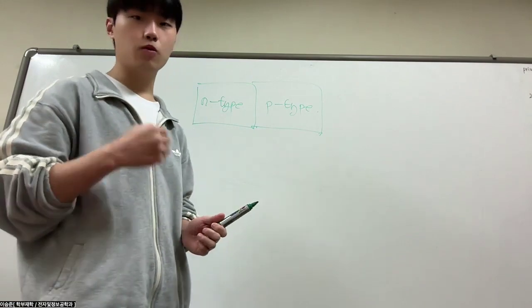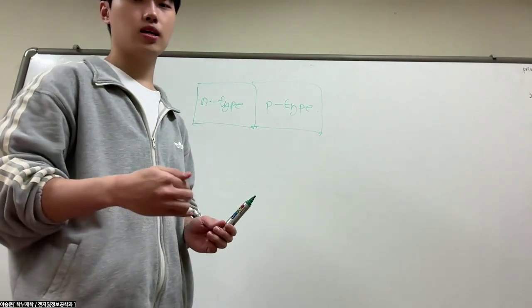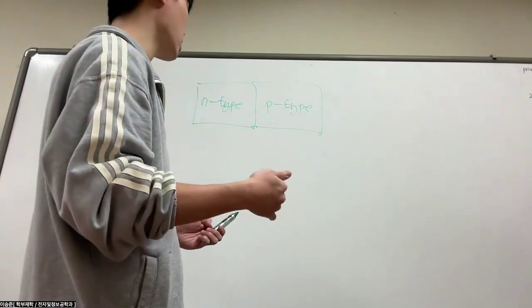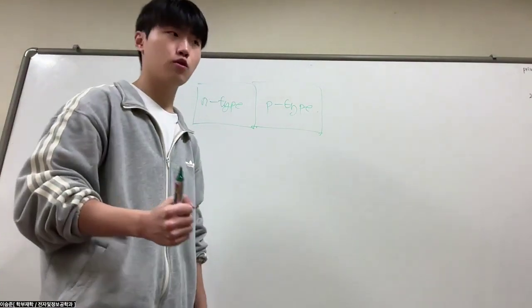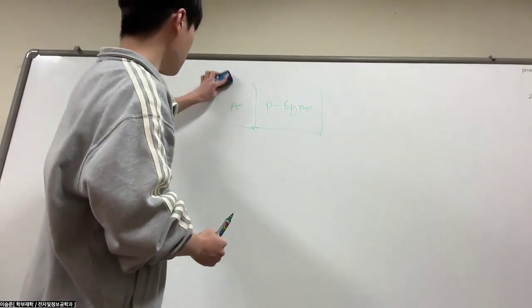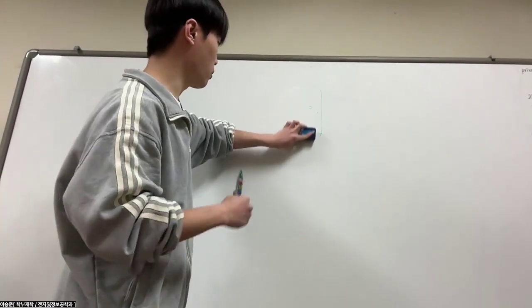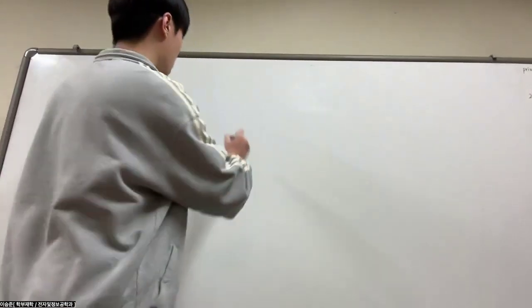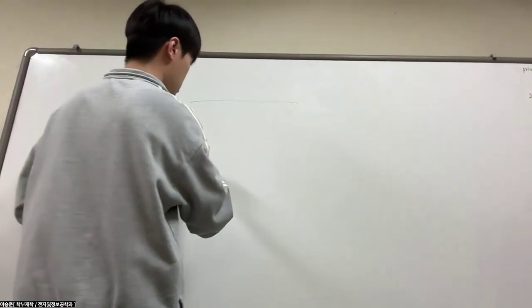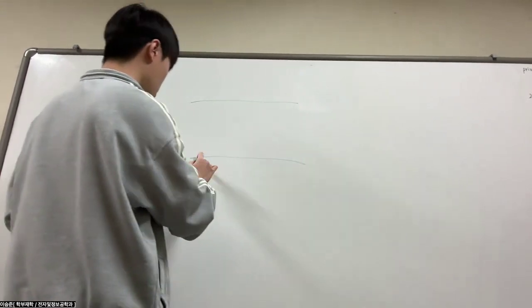Before we explain how the PN junction works, we have to know the energy band diagram. So I will draw an energy band diagram again. The energy band diagram is like this, as I mentioned.